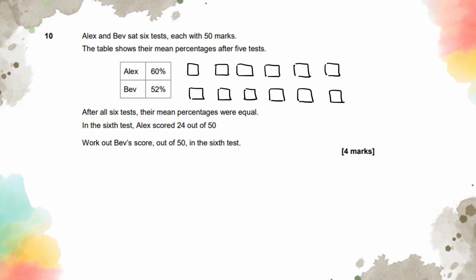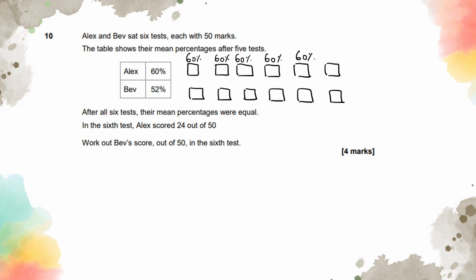So it says the table shows their mean percentage after 5 tests. So their mean percentage for each test is going to be 60%. After all 6 tests, their mean percentages were equal. Okay, so this is for Alex roughly 60%, 60%, 60%, 60%, 60% after 5 tests.